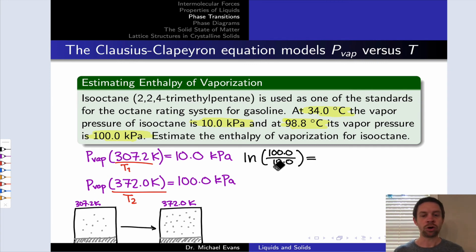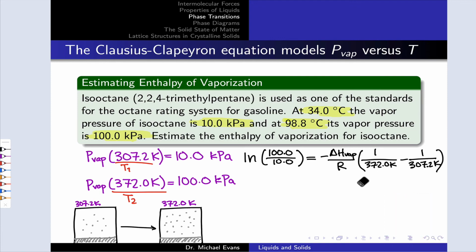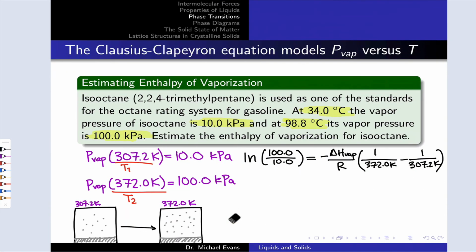The natural log of the ratio of the vapor pressures is equal to negative delta H of vaporization divided by R, times 1 over T2 minus 1 over T1, where I put T2, PVAP2 in the numerator and PVAP1 in the denominator. So essentially plugged in to the multi-point form of the Clausius-Clapeyron equation shown on the previous slide.